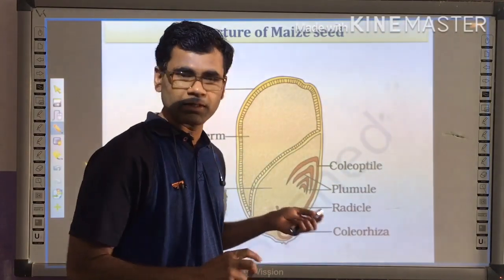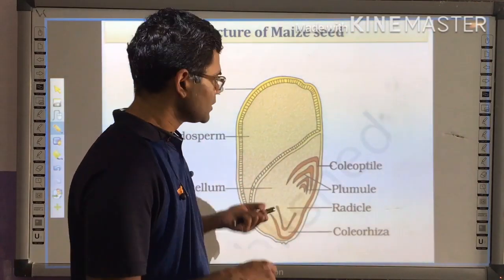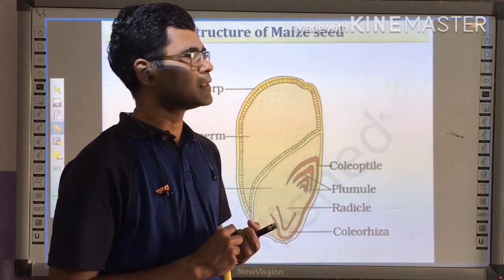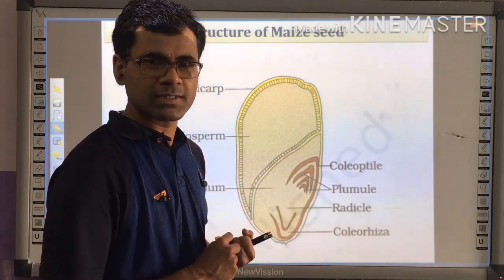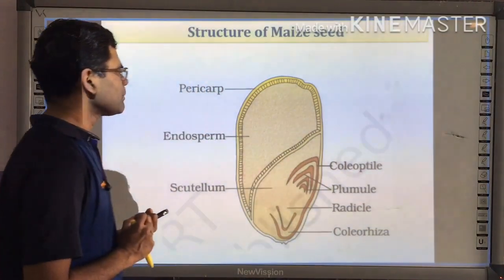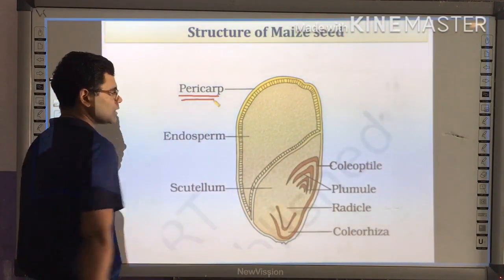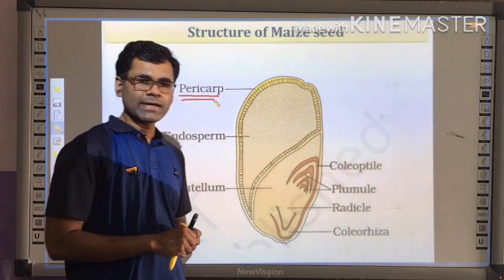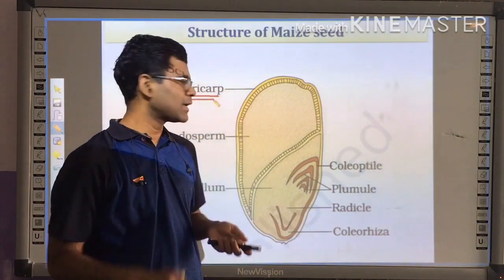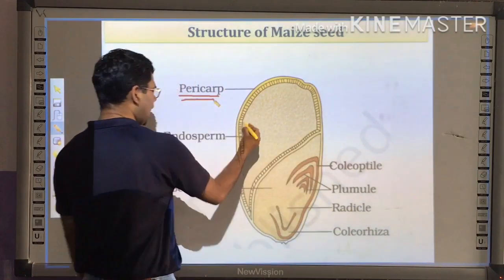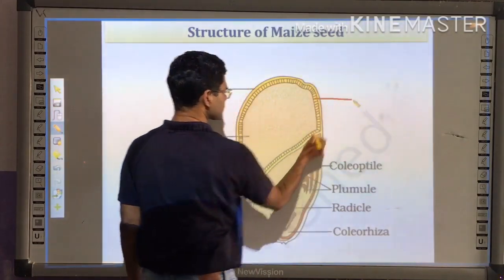You have elaborately studied this structure of maize, Zea mays. Okay, so if we talk about this structure, the external covering, it is actually a fruit, right? Externally it is covered by the pericarp, that is the external covering. And can you name this layer?